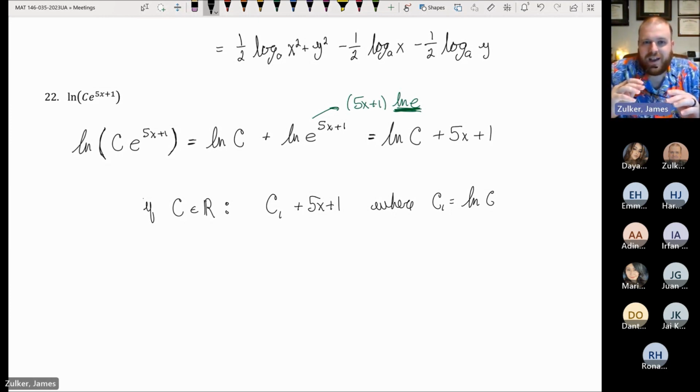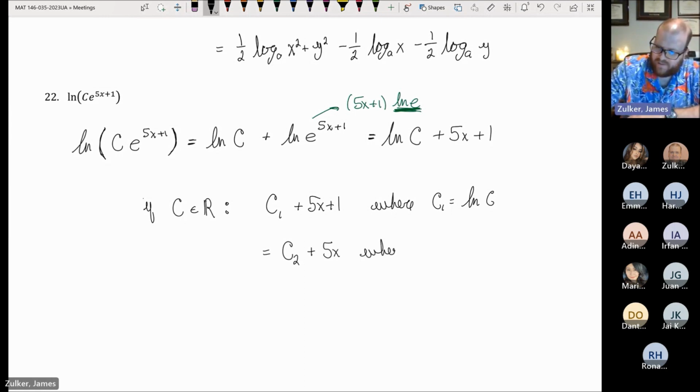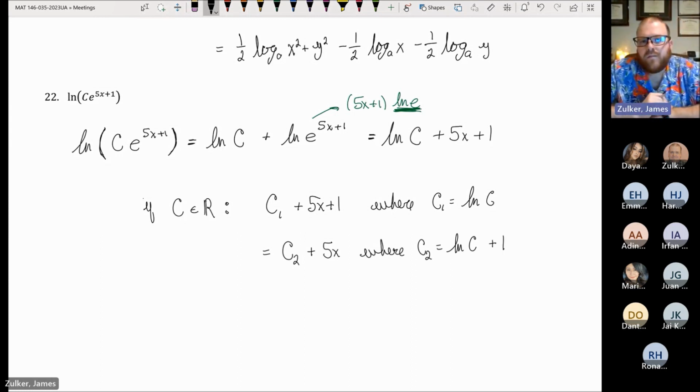Now you can't pull the +1 inside of the log. Right? But of course, now what we could do is we could also just write that as c2 plus 5x, right?